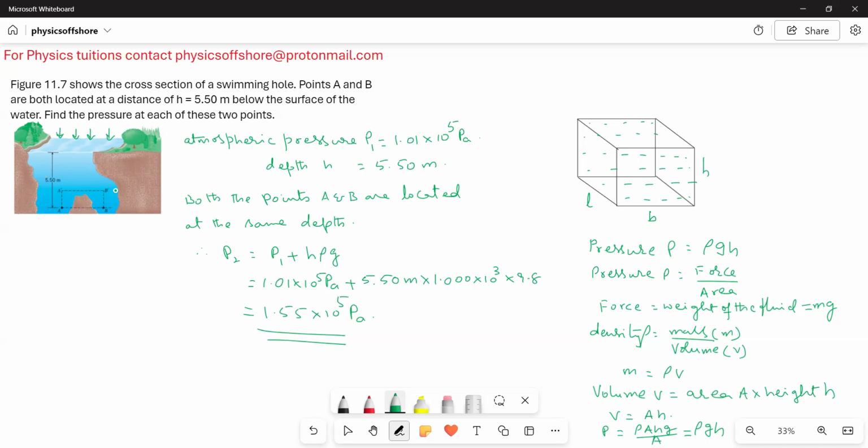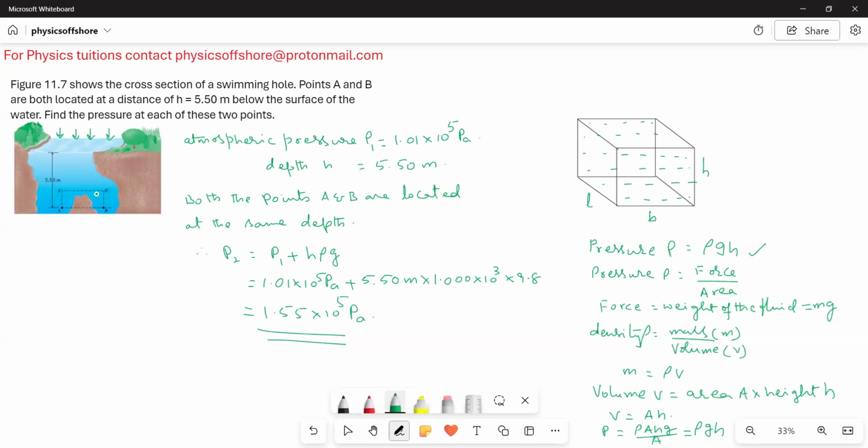Now, how to find the pressure below the surface? For that, here I gave the explanation. Pressure is equal to rho g h. How will it be rho g h? We know pressure is equal to force per area. And then here, what is the force?